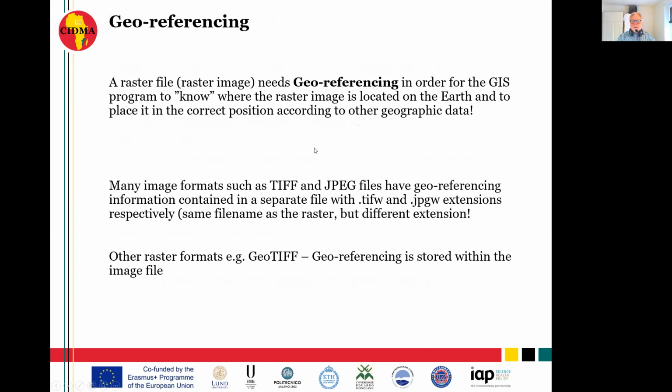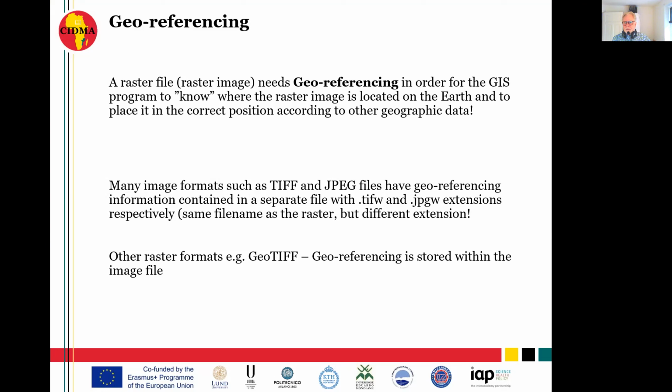Now, as I said before, a raster file needs georeferencing in order for the GIS program to know where the raster image is located on the Earth and to be able to place it correctly according to other geographic data that we have. So we have the satellite image. It has to fit where the other data are located in a certain projection, maybe.